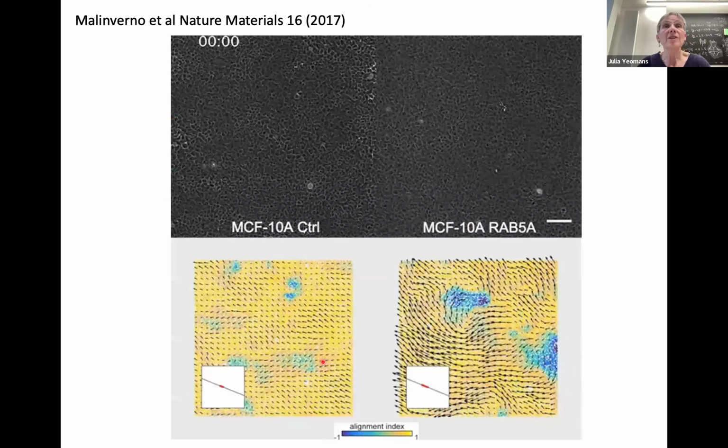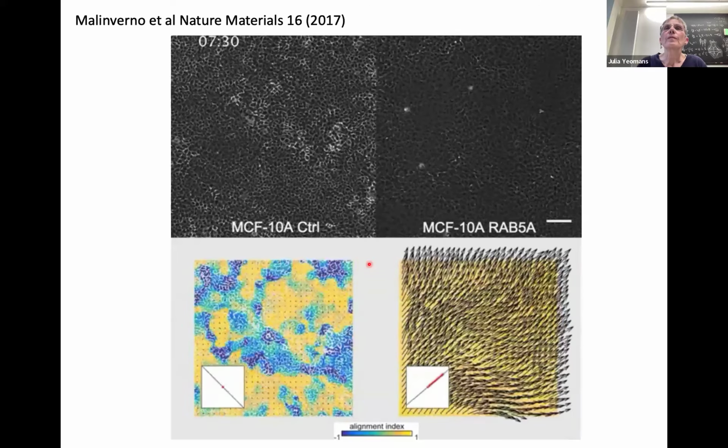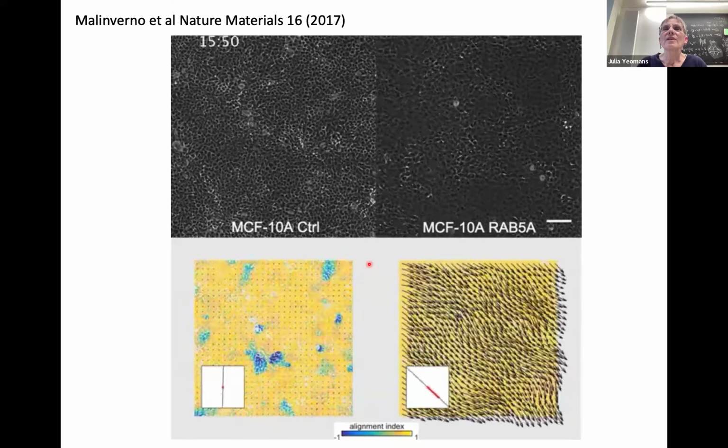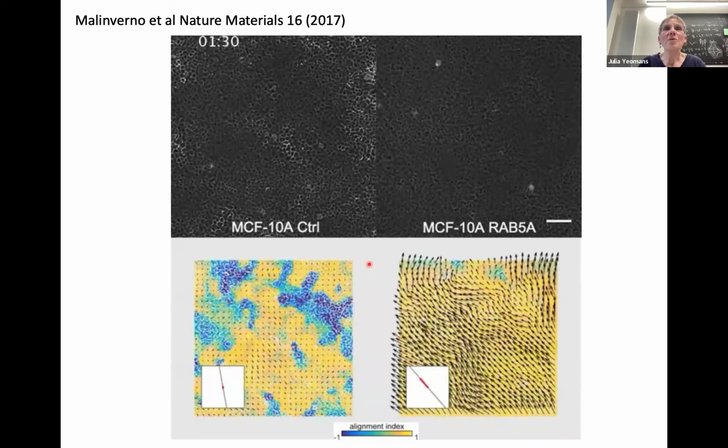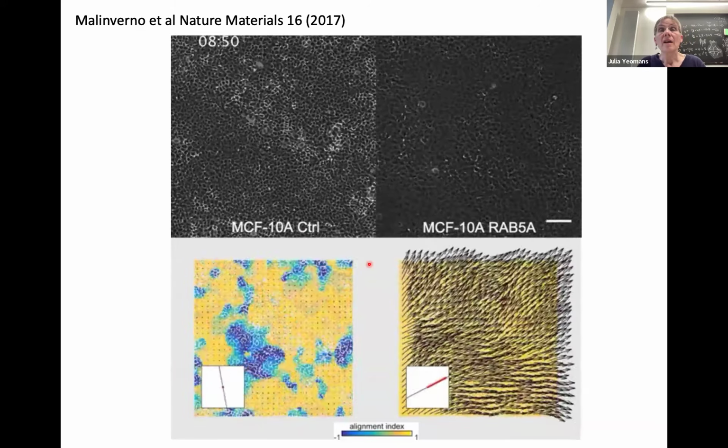I've played this a couple of times because it goes really fast. The one on the left is active turbulence, and the one on the right is the flocking. And you see there's a real big difference. So then you want to ask, what's this Rab5A doing?